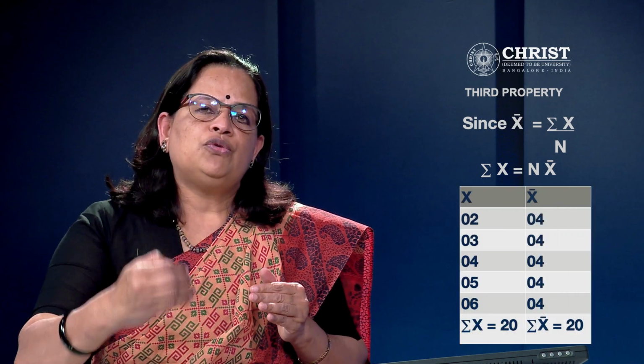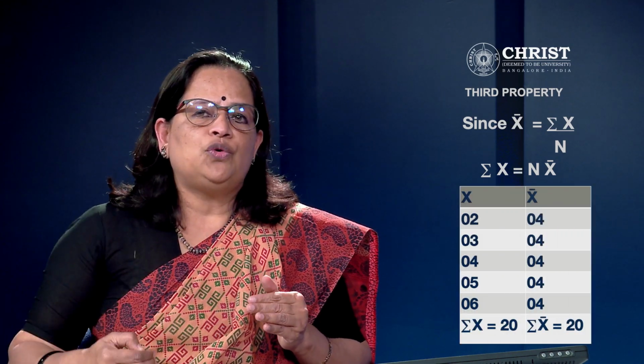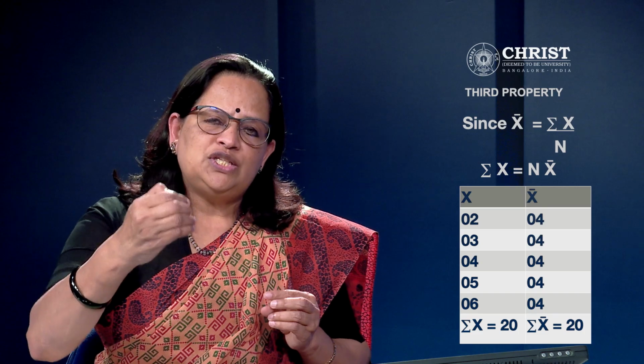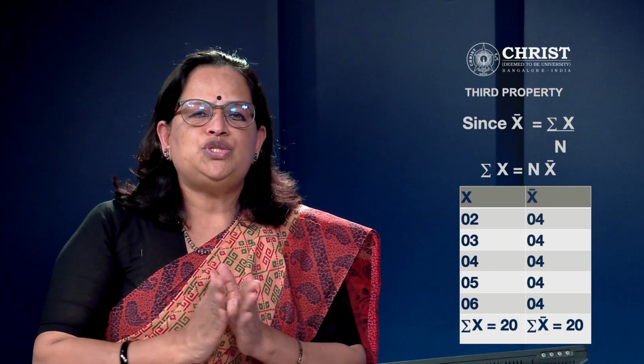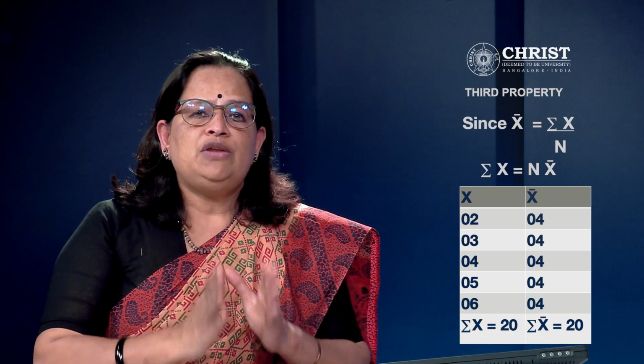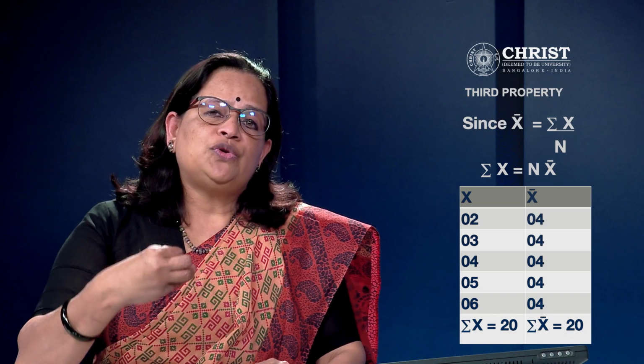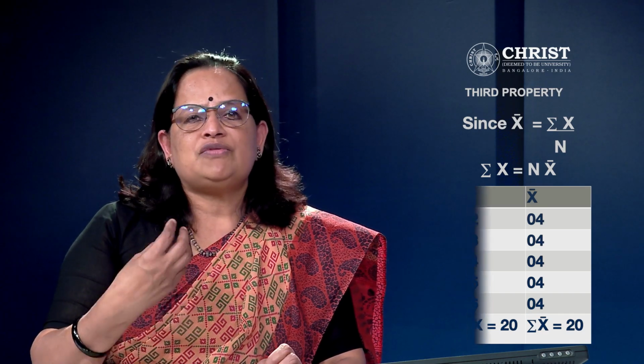See, for example, the previous observations 2, 3, 4, 5 and 6. The mean is 4. If instead of 2, 3, 4, 5 and 6 you write all the values as 4, then also the sum will be 20. This is useful for calculating missing information from the formula.